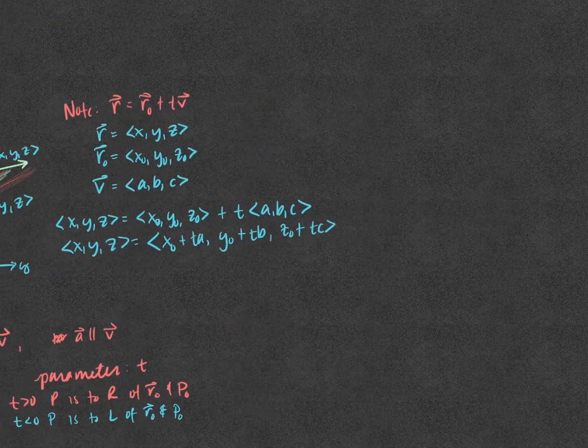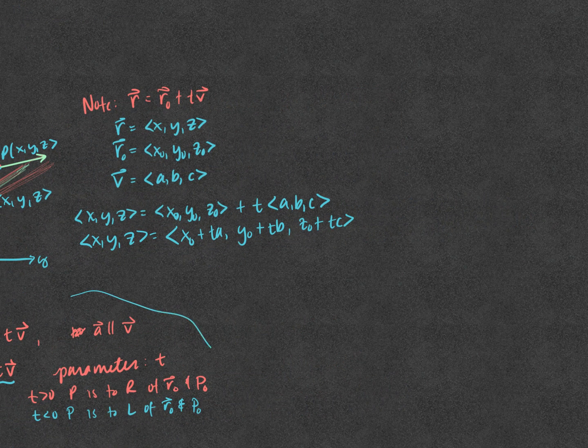And I'm going to scroll over because I would like to lose the stuff at the bottom. So this gives us, look at it component-wise, x equals x sub o plus ta, y equals y sub o plus tb, and z equals z sub o plus tc.